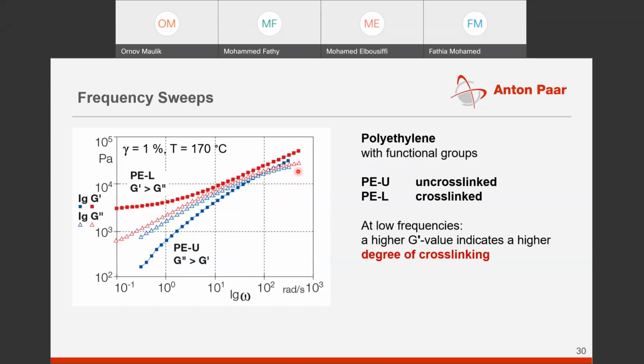So most curing experiments usually deal with this type of data, where you see your G prime having a very high magnitude compared to your G double prime.